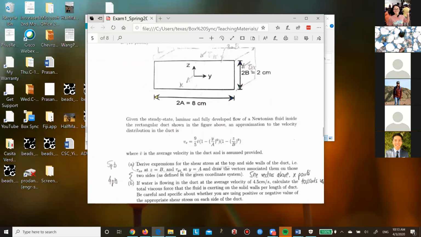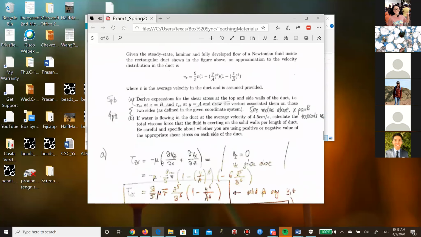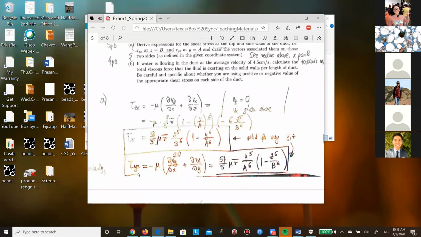Now, what I asked is to derive expressions of the shear stress. So this is really an application of the formula for shear stress. We have a formula for tau Zx and tau Yx.